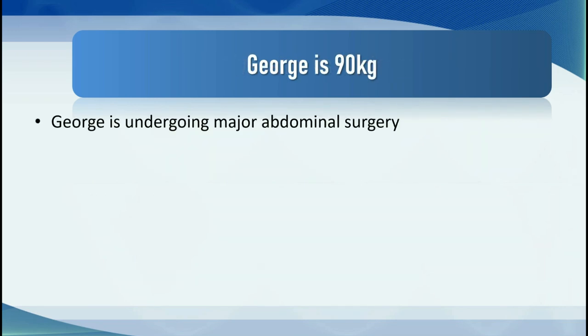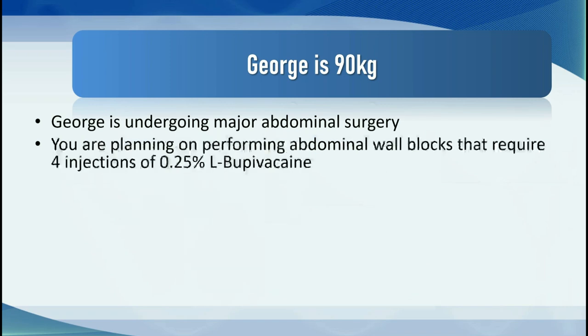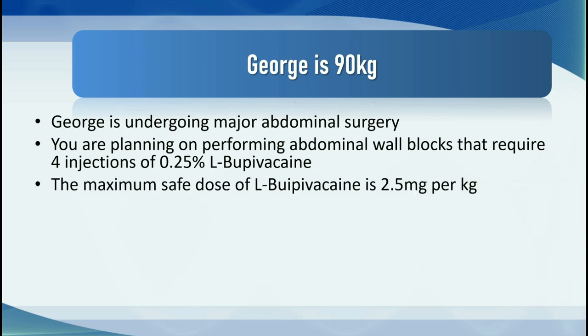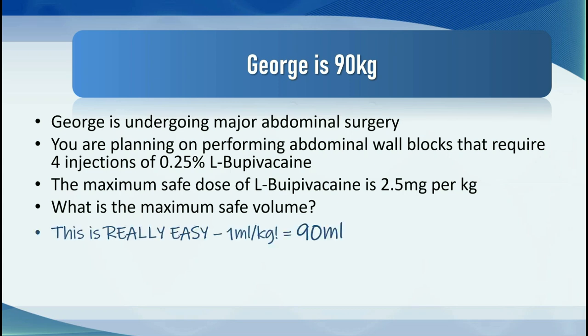So if you have a 90 kilogram male, such as George, undergoing major surgery, and you're planning on performing abdominal wall blocks using, for example, 0.25% levobupivacaine, the maximum safe dose is 2.5 milligrams per kilo. The maximum safe volume, well, that's really easy because of the numbers, is 90 mils.